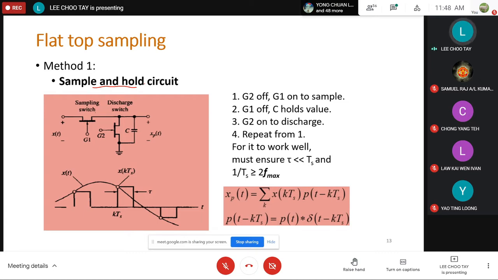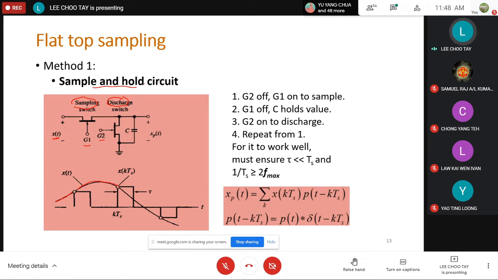We have one transistor, G1, which is used for sampling, and another transistor, G2, which is used to discharge. And our message is x(t), our analog signal.